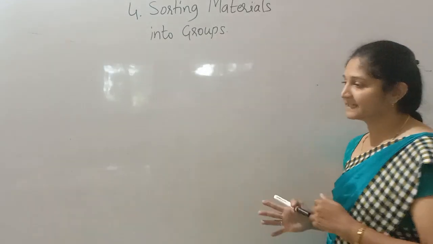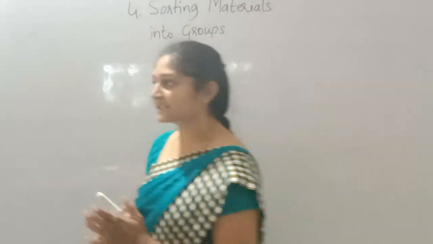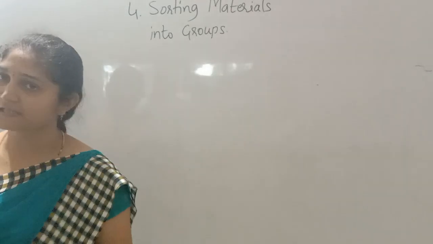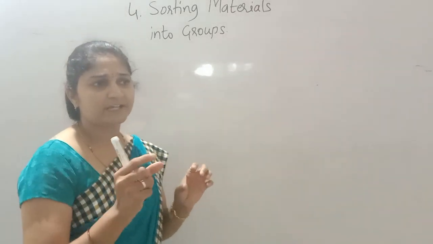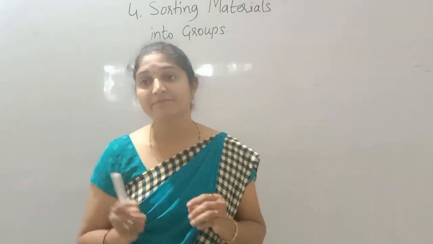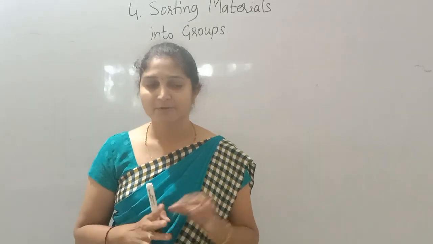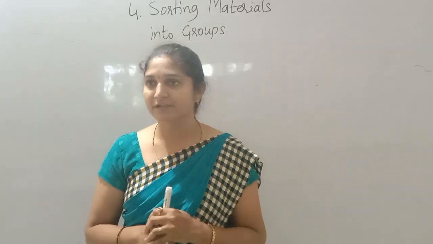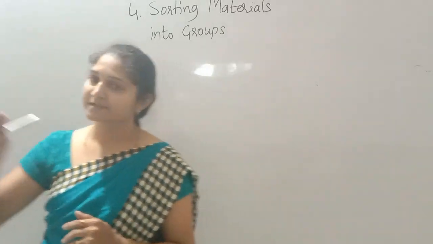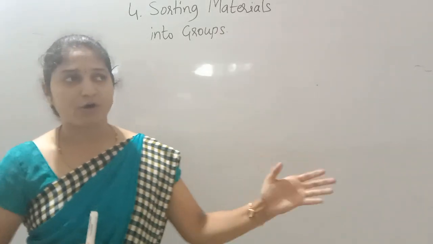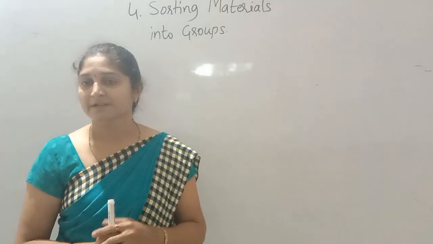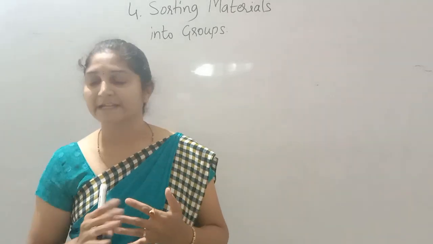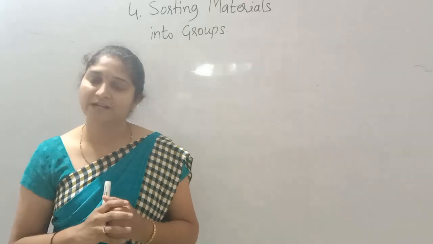We need one reference so that we can make a group, right? For example, that group is all rounders, so all rounders will be in one group. They participate in speech or like that.